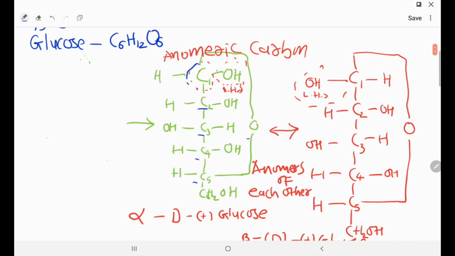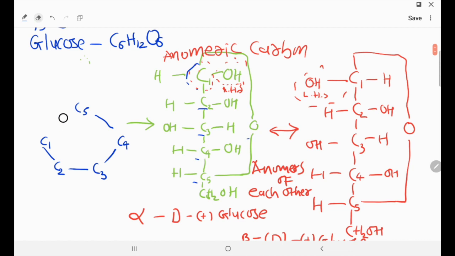So carbon number 1 is attached with carbon number 2, which is attached with carbon number 3, which is attached with carbon number 4, which is attached with carbon number 5, and carbon number 5 is attached via an oxygen linkage.